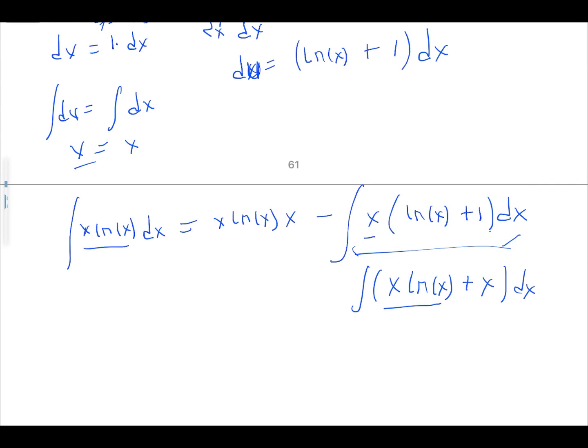This has become the same x ln x function that was given, and we need to do another integration on it.